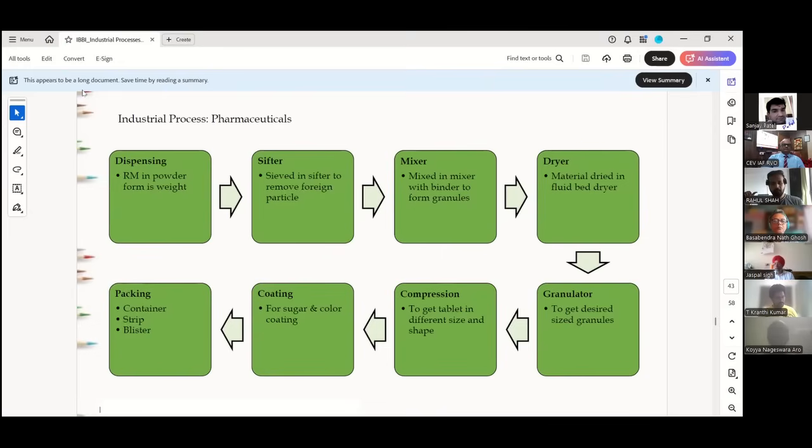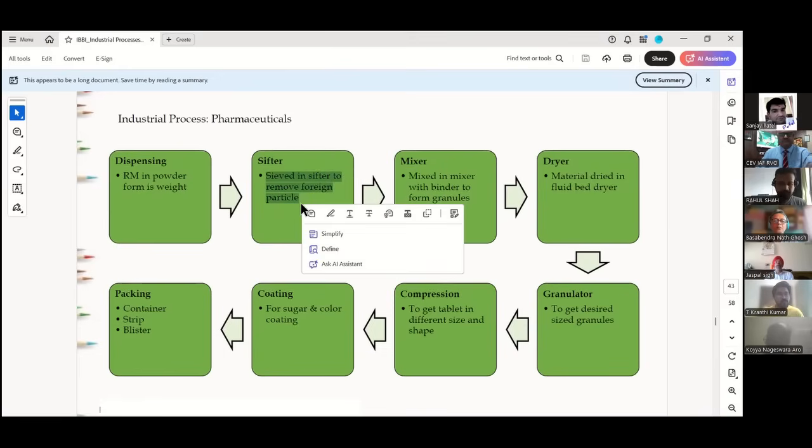So mainly for a tablet, whatever raw materials are required, after proper weight and quality checking, the raw material powder is weighed and dispatched for the production process. Firstly, in a sifter, the sifter removes foreign particles or hard particles that are not available in the powder form materials. So whatever the required mesh or fine powder is, it is sent to the next stage.